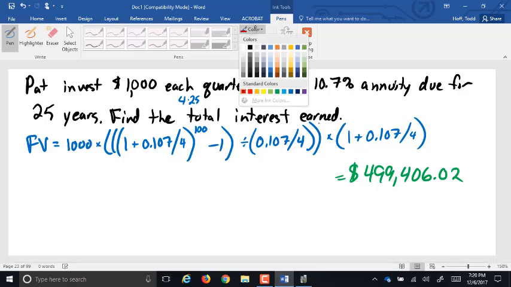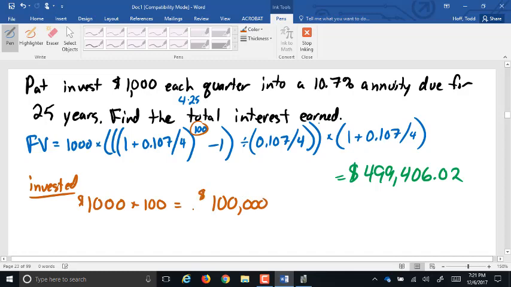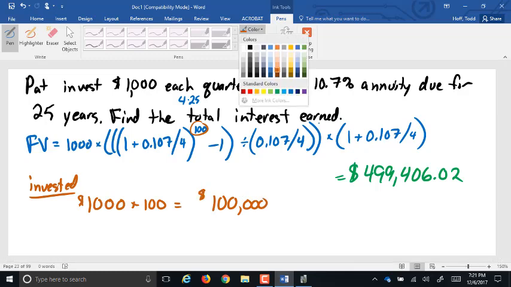Now, that's the first step. There are 2 steps left. Step 2 is to find the total amount invested, which is $1,000 times 100 payments. Times 4 times 25 would work too. So Pat invested $100,000 total.